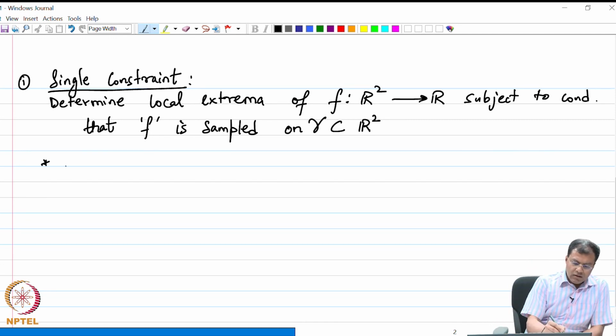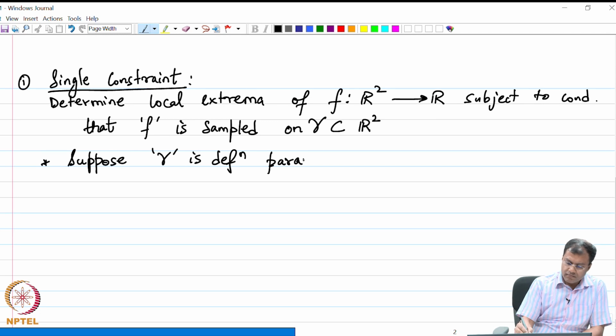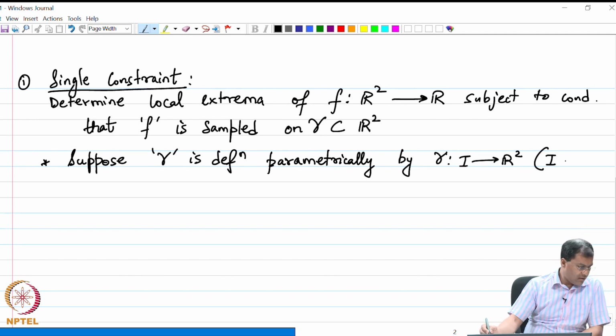Suppose that my subset gamma can be defined with respect to some parameter. Suppose gamma is defined parametrically by gamma from I to R2.